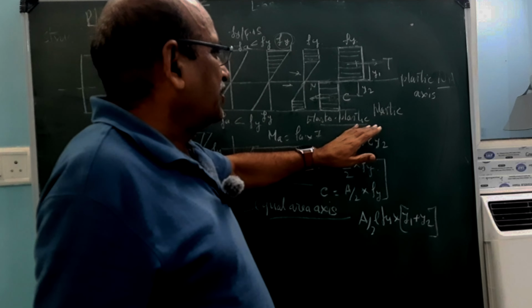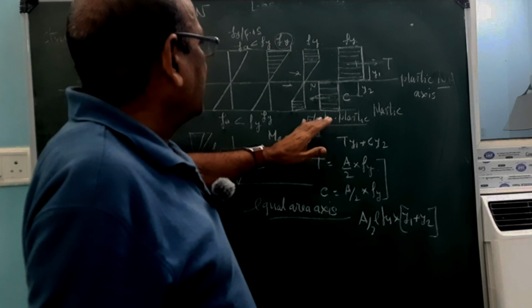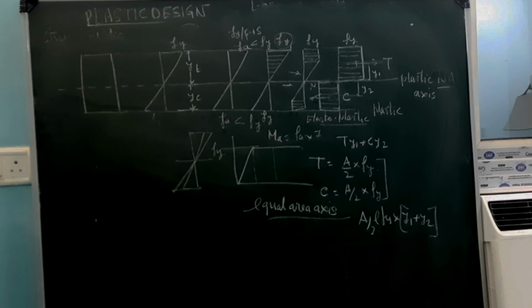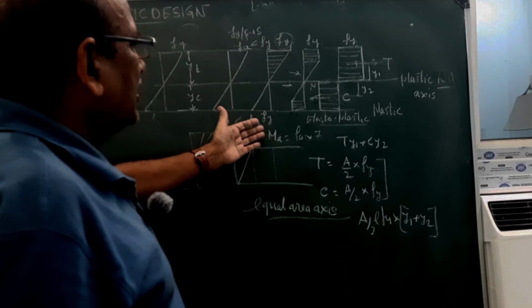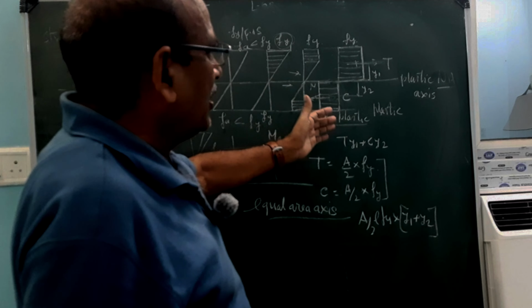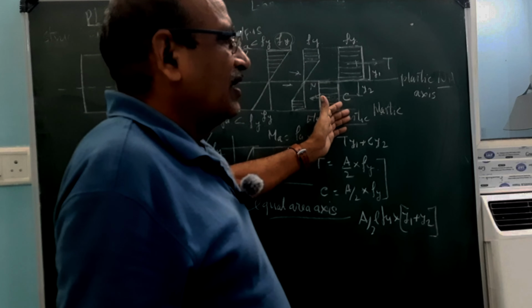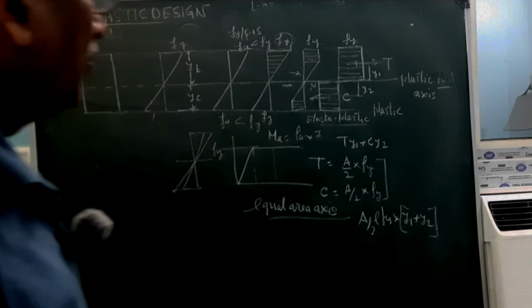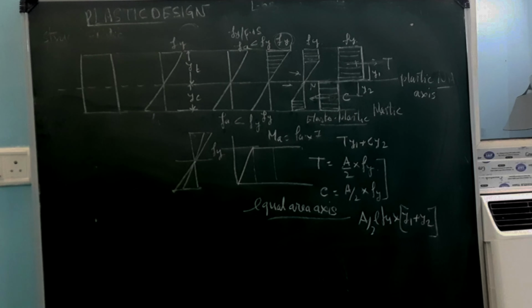This is plastic behavior, this is elastoplastic, and this is elastic behavior. So we are designing the structure with the help of elastic behavior, and if it is designed by plastic behavior, then we can take the total plastic behavior in this way. So this is how to understand it. Thank you for being with me.